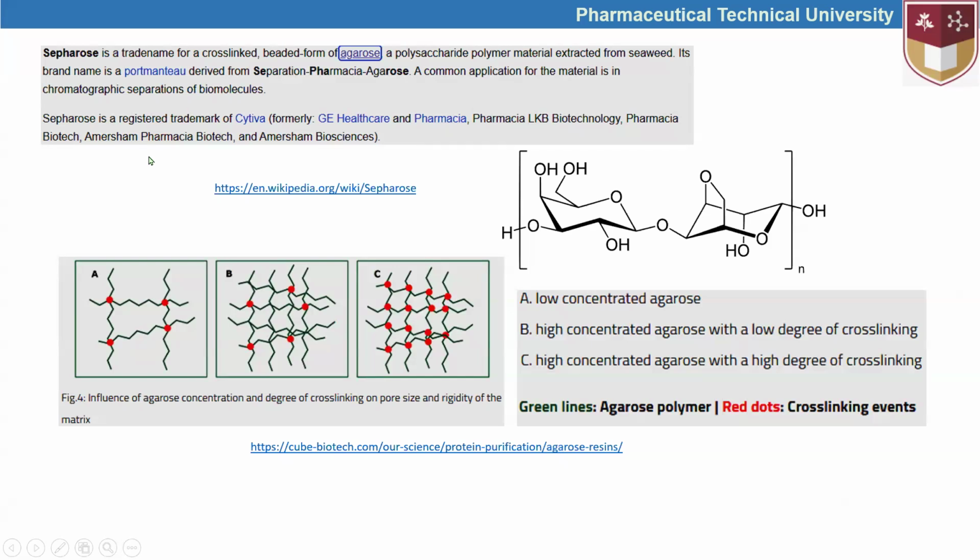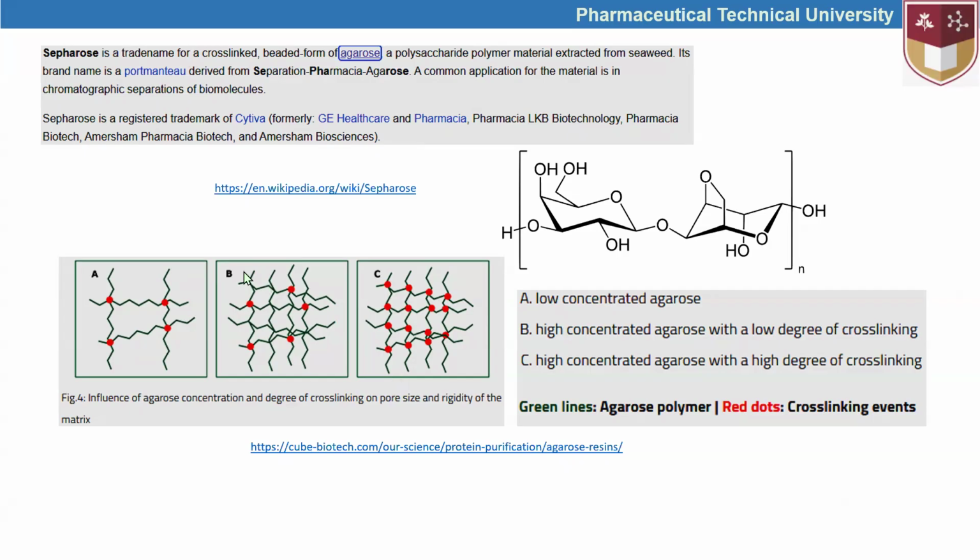And now we are going to see two examples of sorbents that are used in column chromatography very much and very effectively. The first example is Sepharose. Sepharose is a cross-linked type of agarose. Agarose is obtained from seaweed.